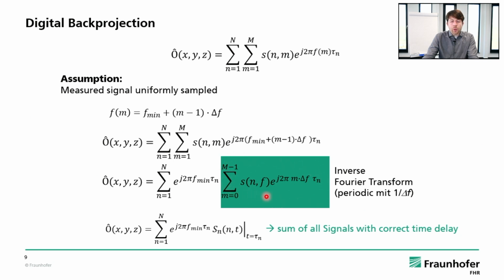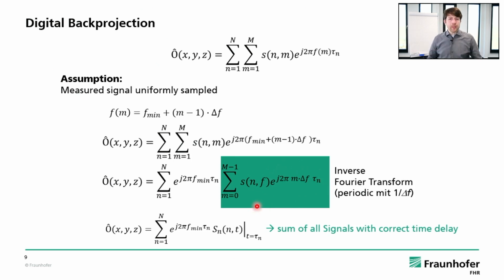It's the same sum, you just take the grid expression in, and if you write this sum, you see that this term here, this sum, is nothing else than a so-called inverse Fourier transform. A Fourier transform is a numerical operation where you transform a signal from the time domain, so something which changes over time, into its spectrum. And this is a highly efficient operation since that's exactly the same mathematical expression.